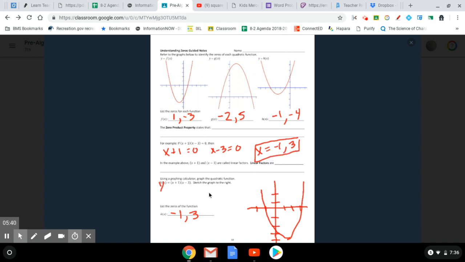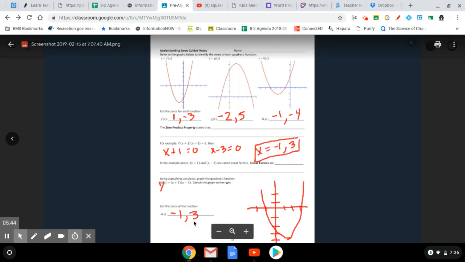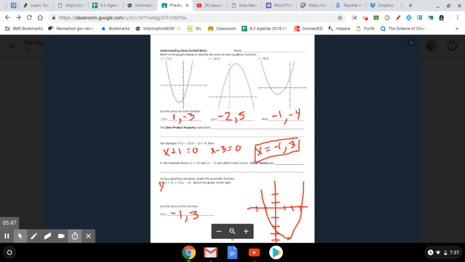And when we graphed it, the zeros of the function were -1 and 3. Now it's pointing this out because now the question is if you have the zeros, could you work your way backwards to the linear factors so that you could have the equation?